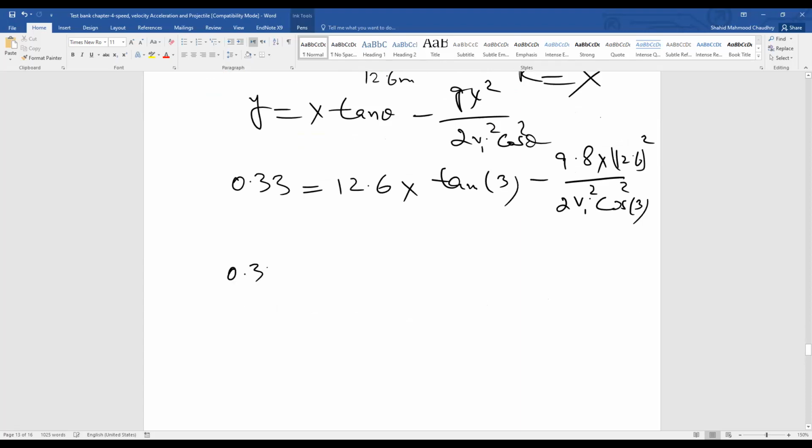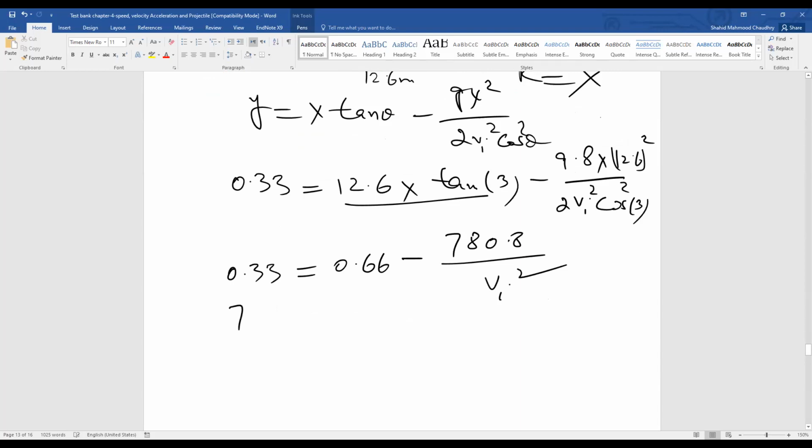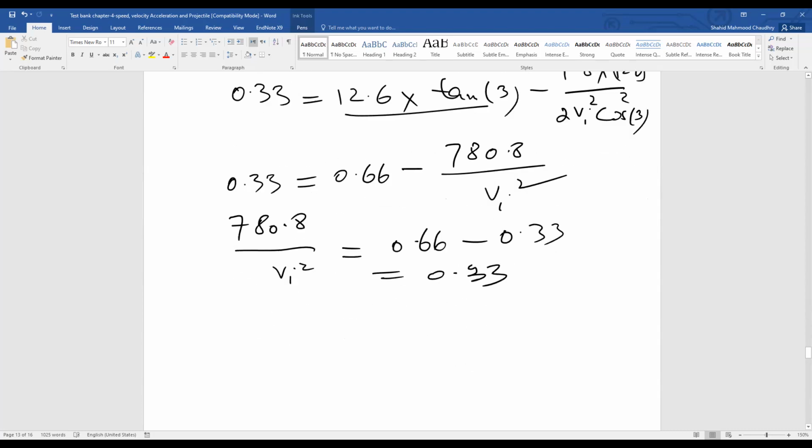Here it will be 0.33, and when you solve this, the answer will be 0.66 minus, and this will be 780.8 over Vi square. So after solving this, 780.8 divided by Vi square is equal to 0.66 minus 0.33. So you will get 0.33.